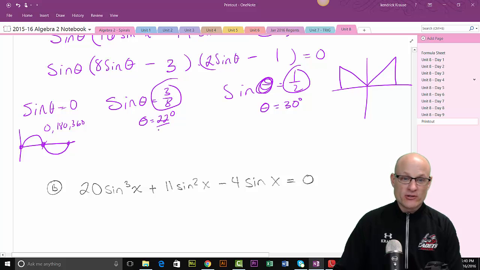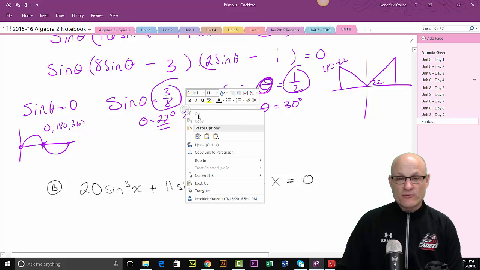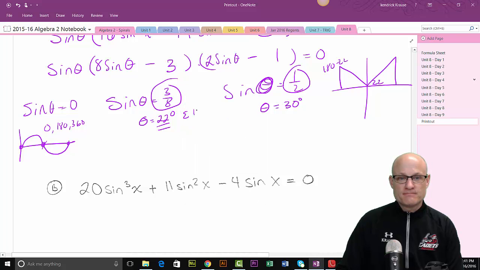So let's deal with the 22 degrees. Okay, that's one of our answers. For this one, we have to do 180 minus 22 degrees, and that would be 158. This one is 30, and hopefully now you know this is 150.